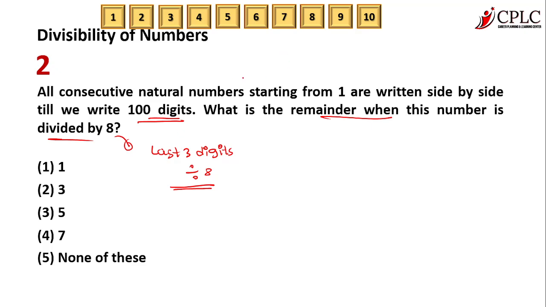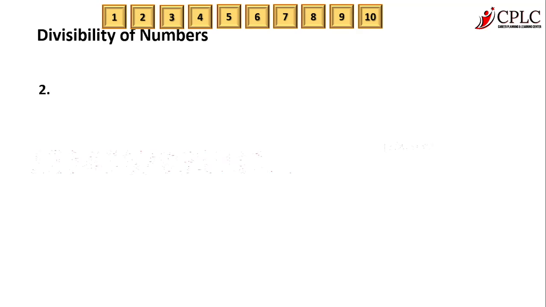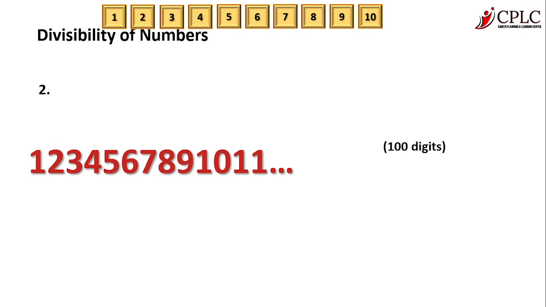Let's look at the question one more time. Consecutive natural numbers starting from 1 are written side by side. So you have to write 1, 2, 3, 4, and so on and so forth. Now imagine you started writing this. When you have written 1 to 9, the 9 numbers, now these all are single digit numbers. So for writing one number, you are utilizing one digit.